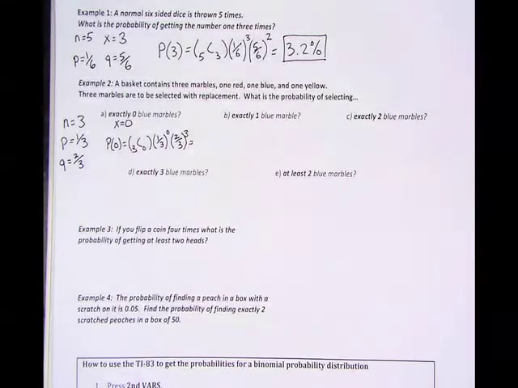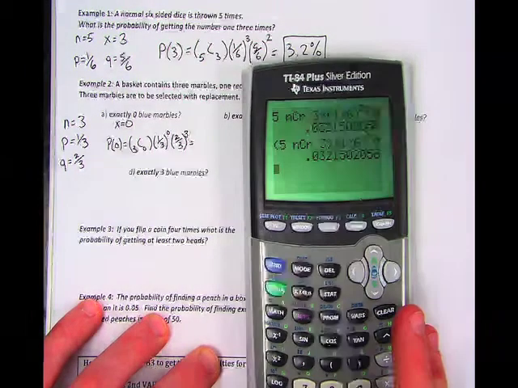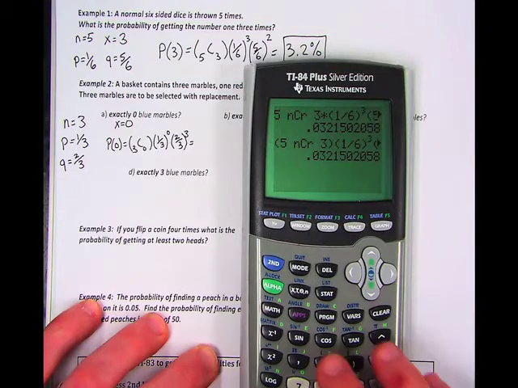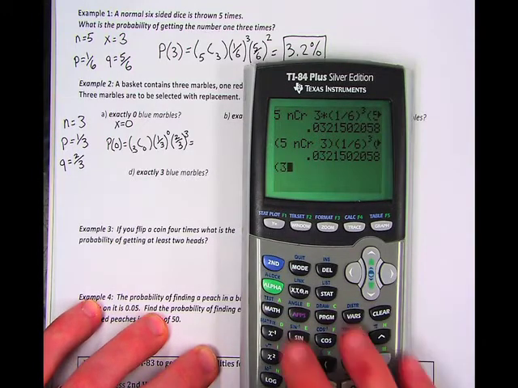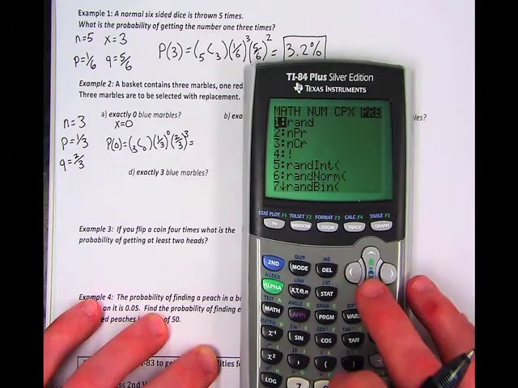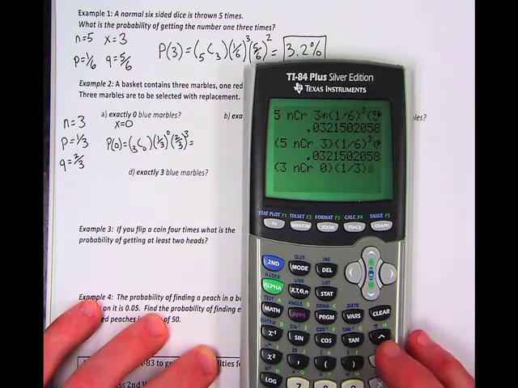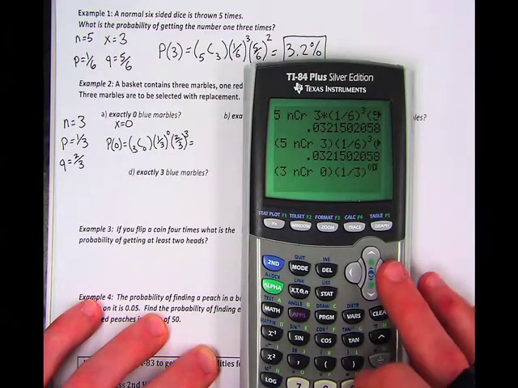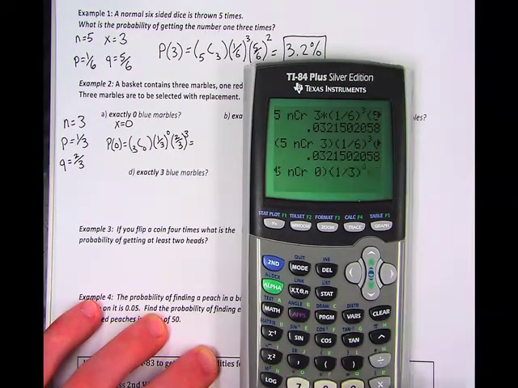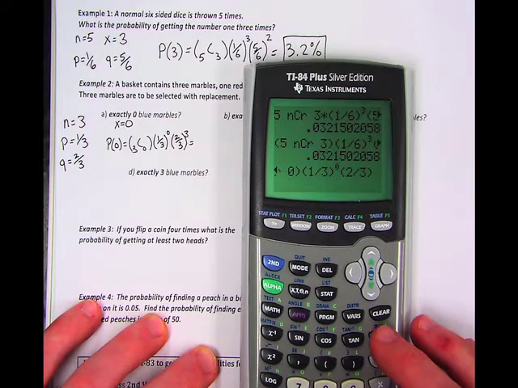And again, we're going to try this in our calculator here. So we need 3, math, PRB, nCr, 0, times 1/3 in parentheses, raised to the power of 0, times 2/3 in parentheses, raised to the power of 3.